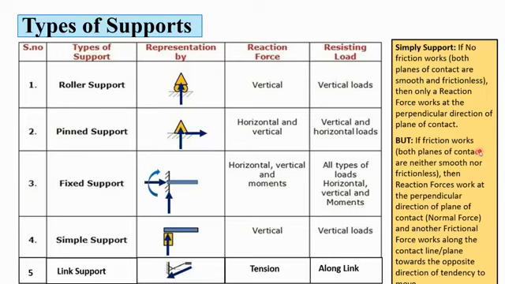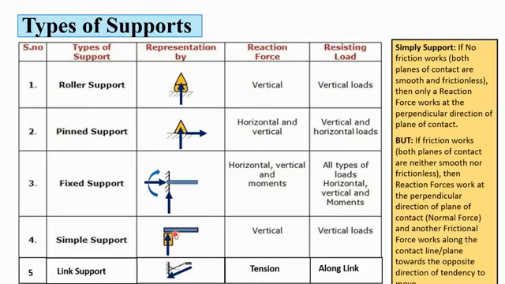But if friction works, which is in reality, both planes of contact are neither smooth nor frictionless. So then a reaction force works in the perpendicular direction of the plane of contact, like this. Then we call it normal force. And another force, frictional force, works along the direction of the plane of contact, and it works opposite to the direction of the tendency to move.